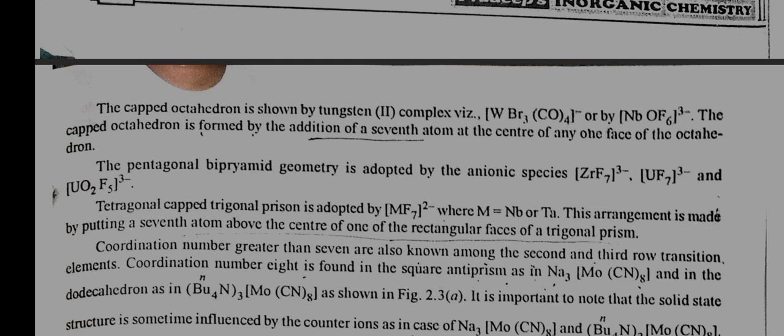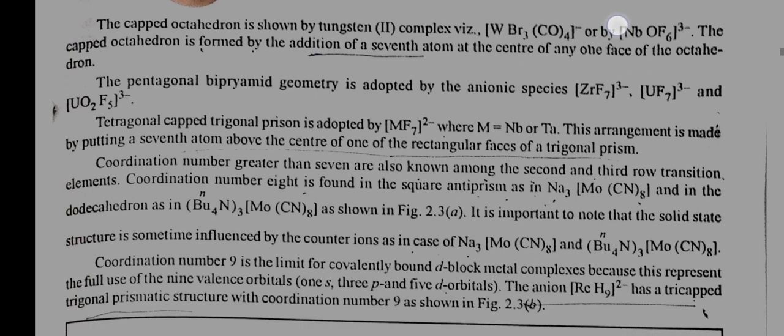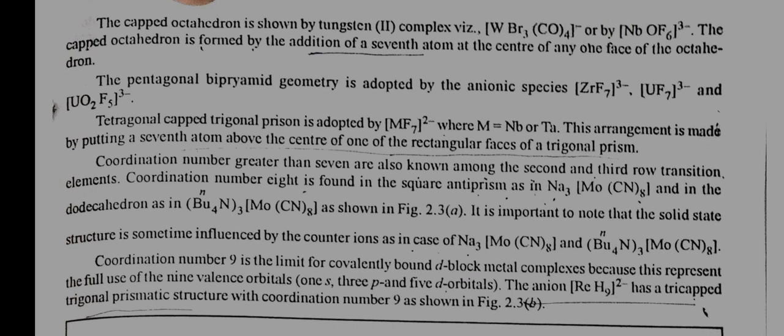trigonal prism. Coordination numbers greater than 7 are also known among the second and third row transition elements. Coordination number 8 is found in the square antiprism as in Na3[TaF8] and in the dodecahedron as in Bu4N[Mo(CN)8], as shown in figure 2.3a.